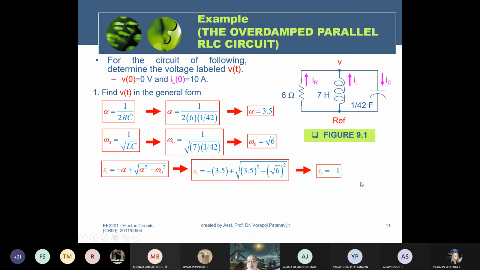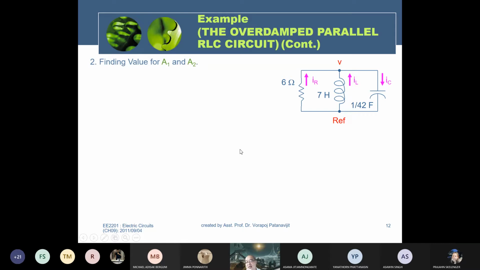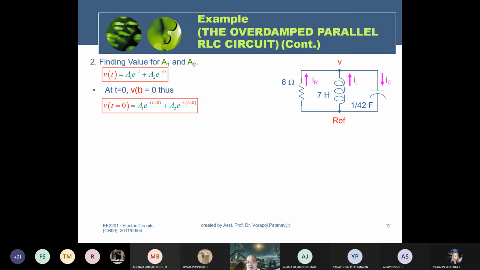S1 equals -1, and S2 equals -6. You substitute S1 and S2 into the general form solution of V. Therefore, you get the capacitor voltage equal to A1 e^(-t) plus A2 e^(-6t). Next, you must determine A1 and A2 using the two initial conditions provided.